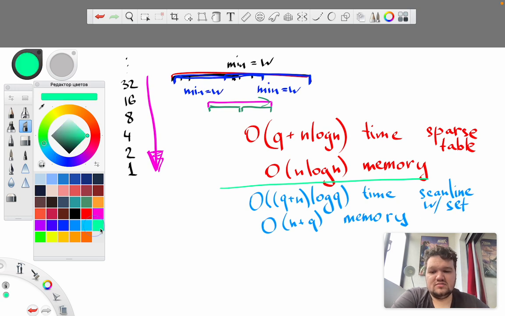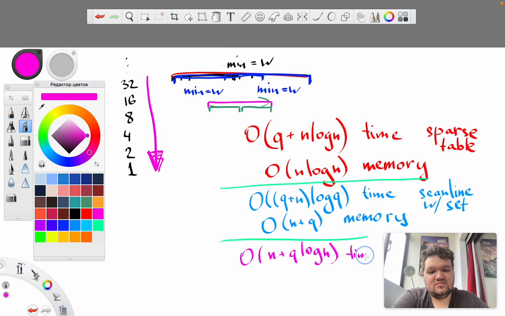And as always you can overkill with a segment tree. That's I guess (n plus q) log n time and n memory.